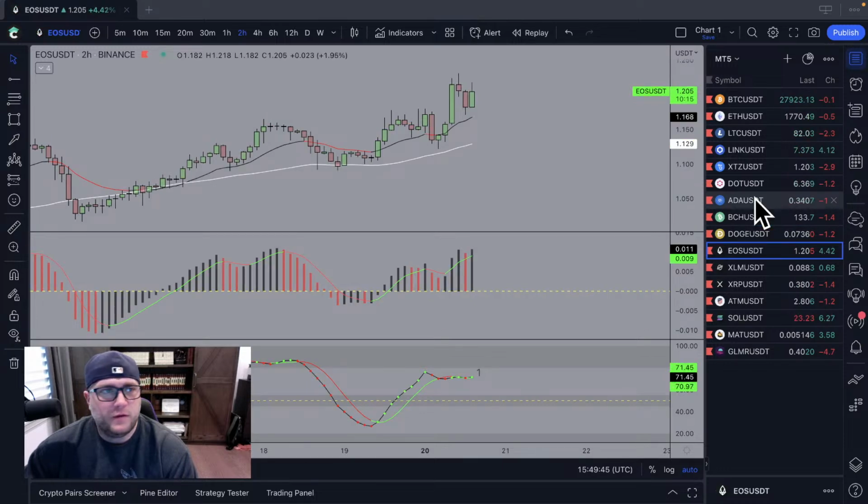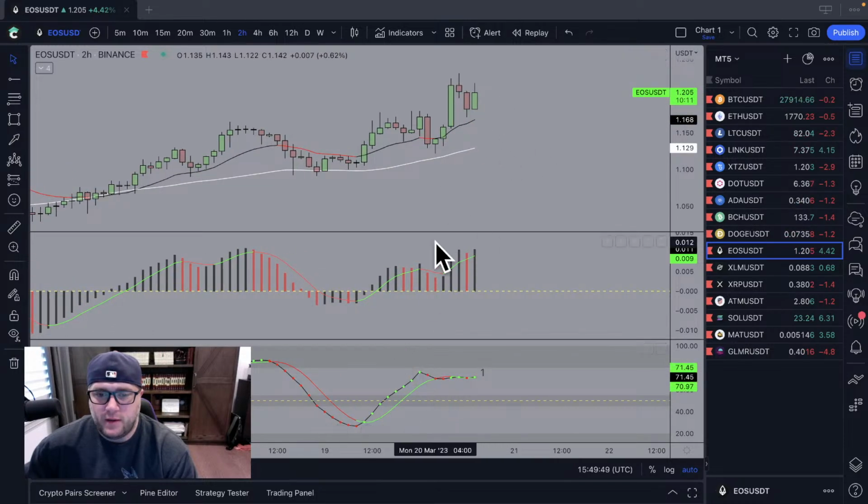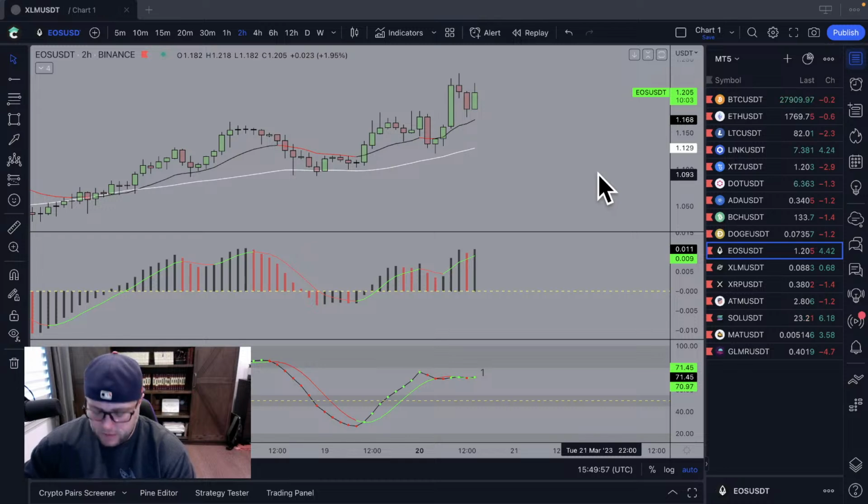Ten more minutes for this closing. Look, if you would have saw this one, that would have been a great one. Everything pushing up. We had some red going on, had another red going on. Bam, money.